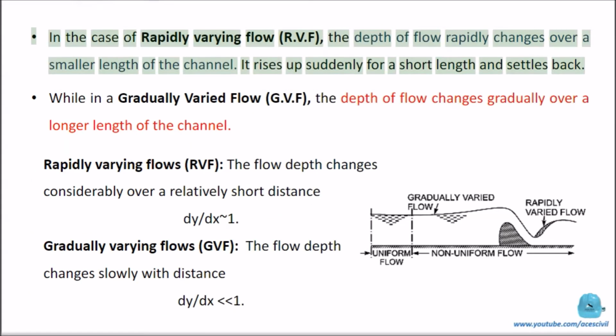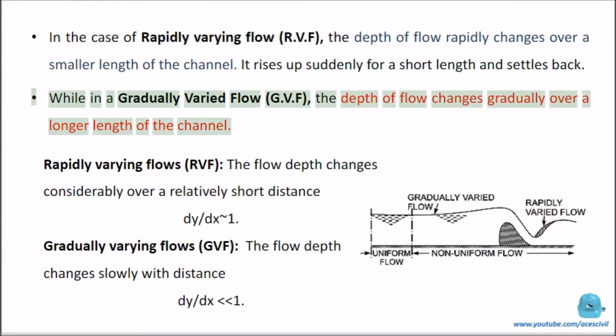In the case of rapidly varying flow, RVF, the depth of flow rapidly changes over a smaller length of the channel. It rises up suddenly for a short length and settles back. While in a gradually varied flow, GVF, the depth of flow changes gradually over a longer length of the channel.